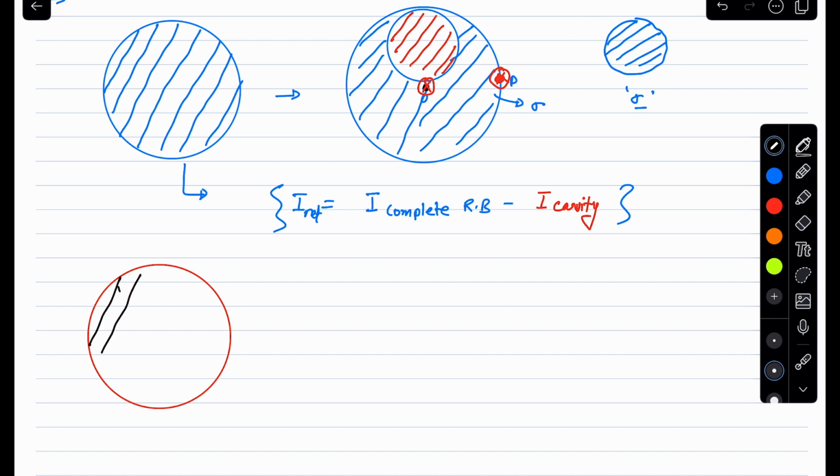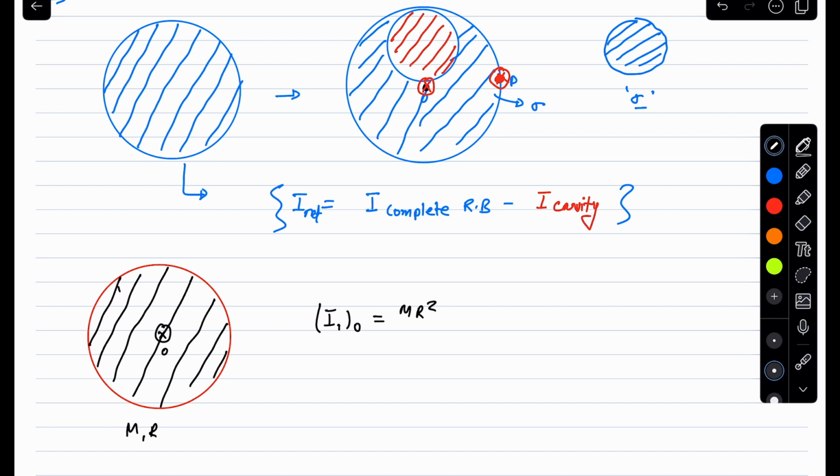It has, let's suppose, mass m and the radius r. First we are finding out the moment of inertia about the O point of this complete disk. I am calling it I1 about the O point. That is going to be, we know that moment of inertia is mr square divided by 2.